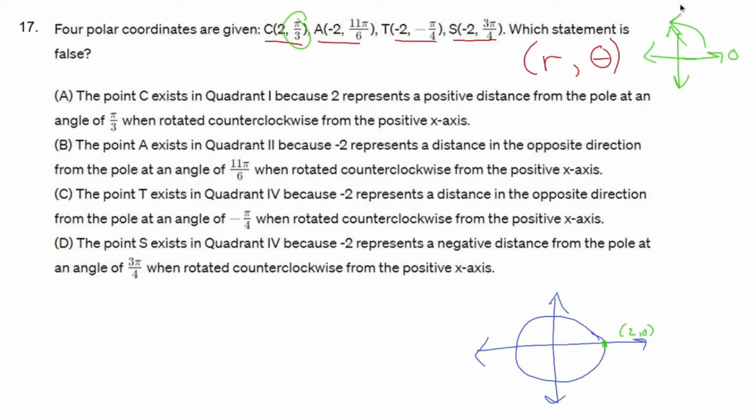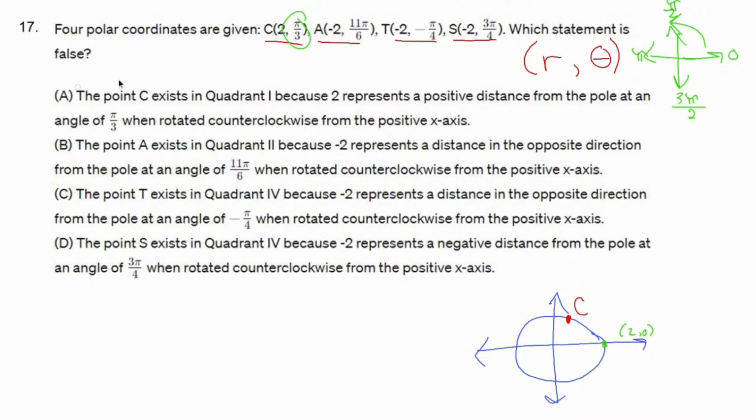So you're 0, like a normal unit circle, pi over 2, pi, 3 pi over 2. So without being perfect, if I'm going to go in the direction of pi over 3 and put a dot 2 units away from the pole, I'm literally going to have a point right around here. I'll call you C. Okay, so that's where C is going to be.